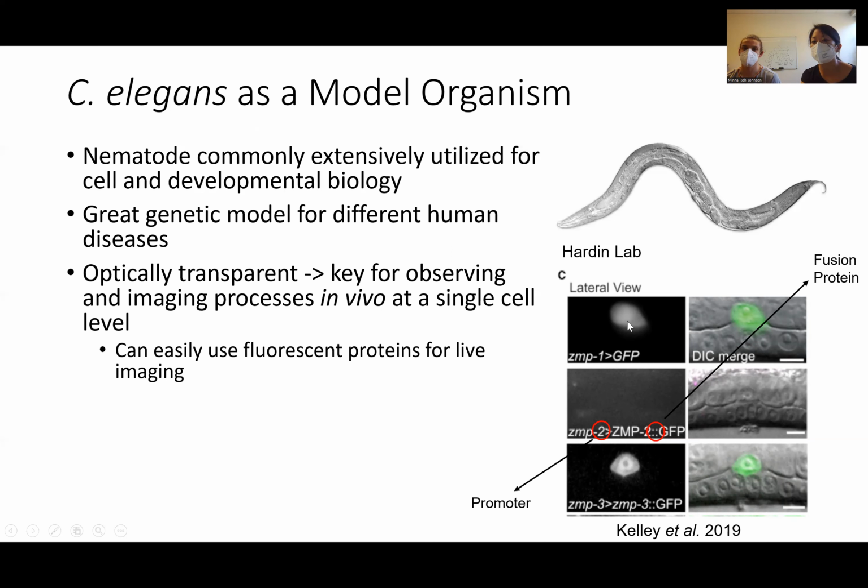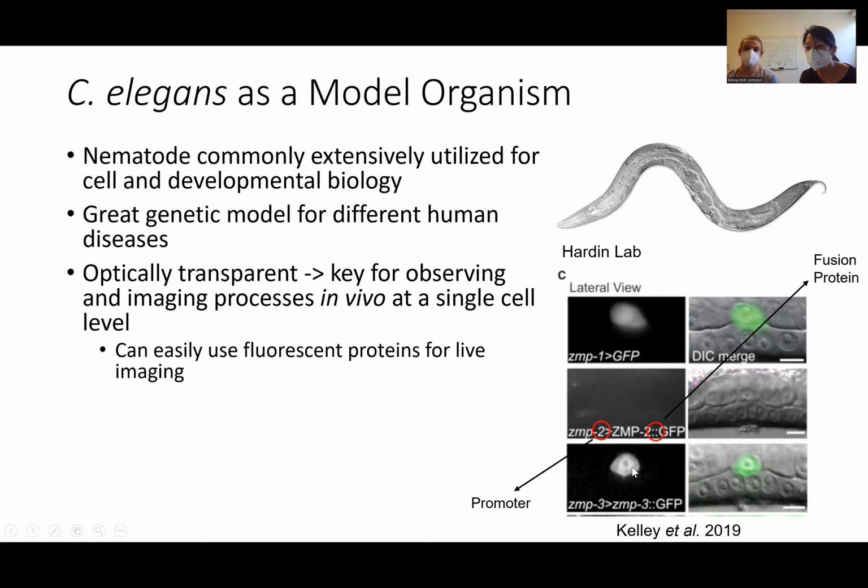But perhaps you want to look at localization of a protein inside of a specific cell. Then it would make sense to do a fusion protein. That's denoted as these double colon, where you have ZMP2 fused to GFP. So this is now the full length ZMP2 that is fused to a GFP molecule such that you can visualize where ZMP is localized specifically in cells that express ZMP.